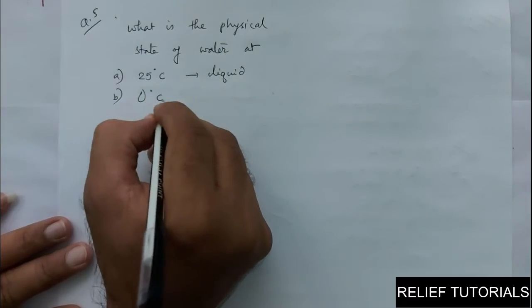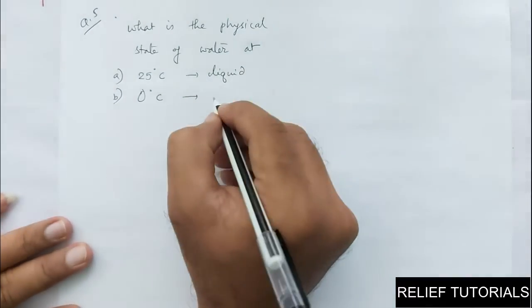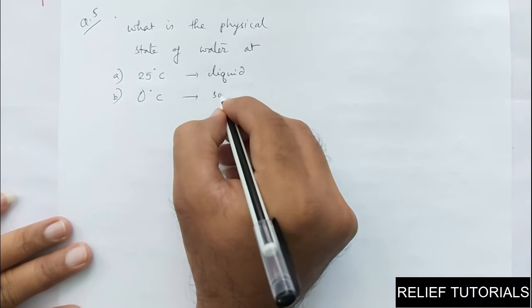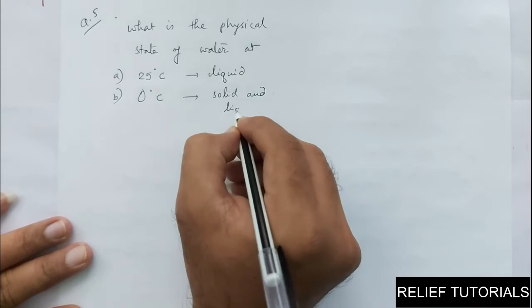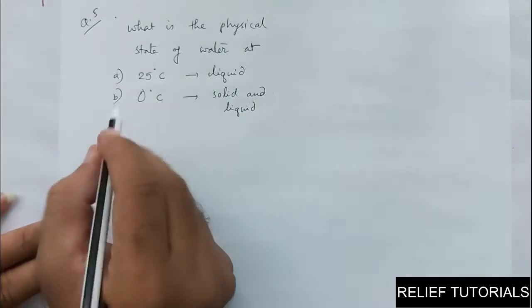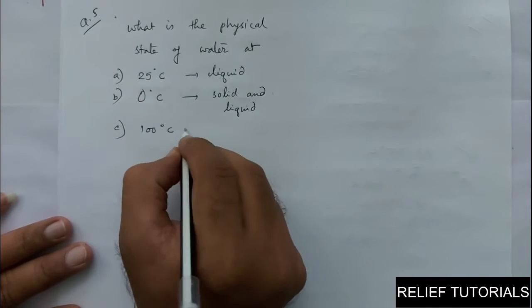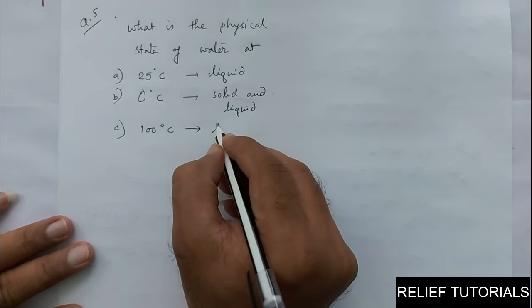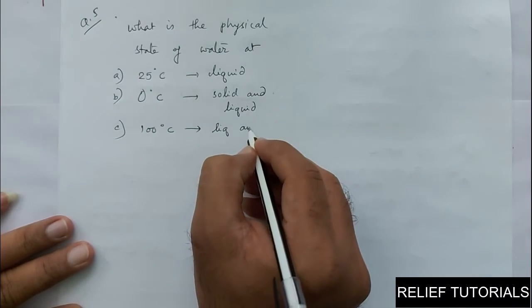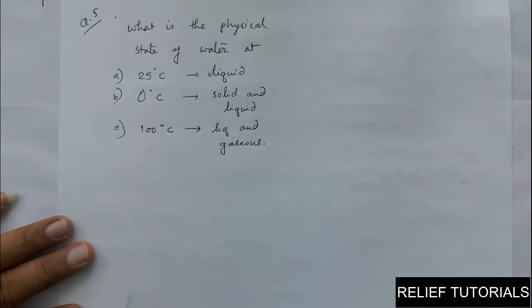B, 0 degrees Celsius. You know that 0 degrees Celsius is the melting point of ice. So at 0 degrees Celsius, solid and liquid, both the states are available. And at 100 degrees Celsius, 100 degrees Celsius is the boiling point of water. So liquid state as well as gaseous state is available at this temperature.